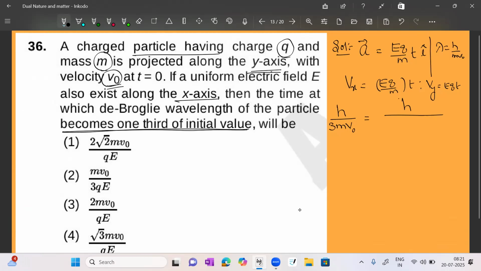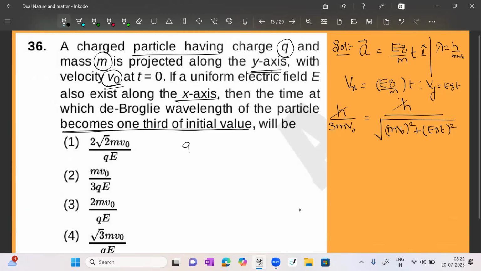So h by m equals, we have the formula, initially momentum, under root of v naught square plus E q into t square. Now that gets cancelled. Do the cross multiplication and squaring on both sides.